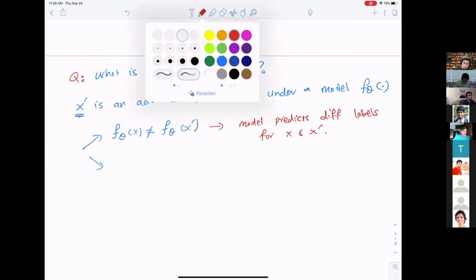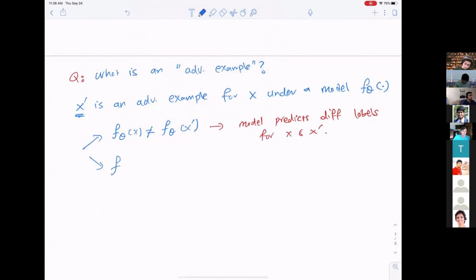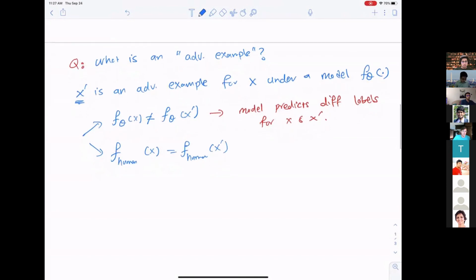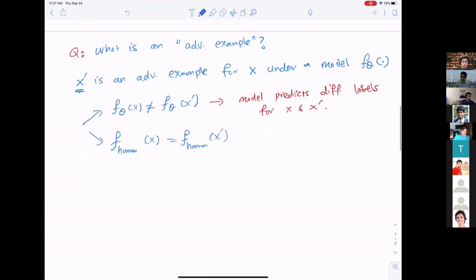So the second condition is that humans, acting as a classifier, would classify X and X prime the same way. So I'm perturbing X. From a human point of view, the label of X is unchanged. If it was a cat, it is still a cat. But the label that my model is going to predict is going to change. So that's the formal definition, in a way, of an adversarial example.